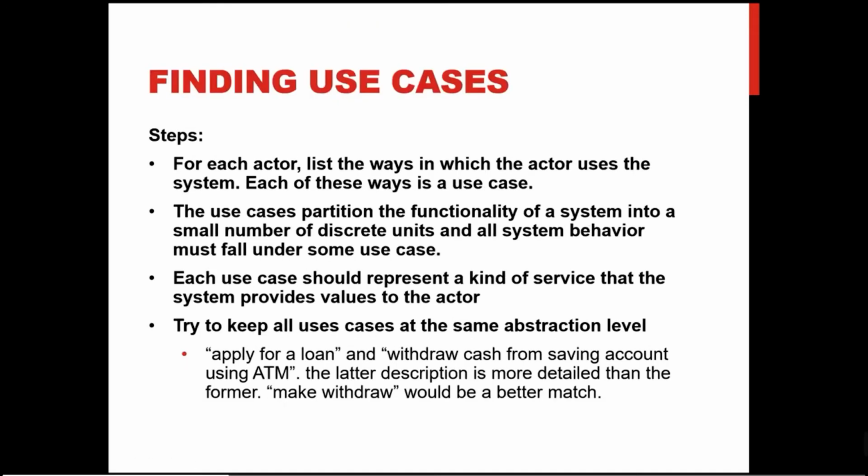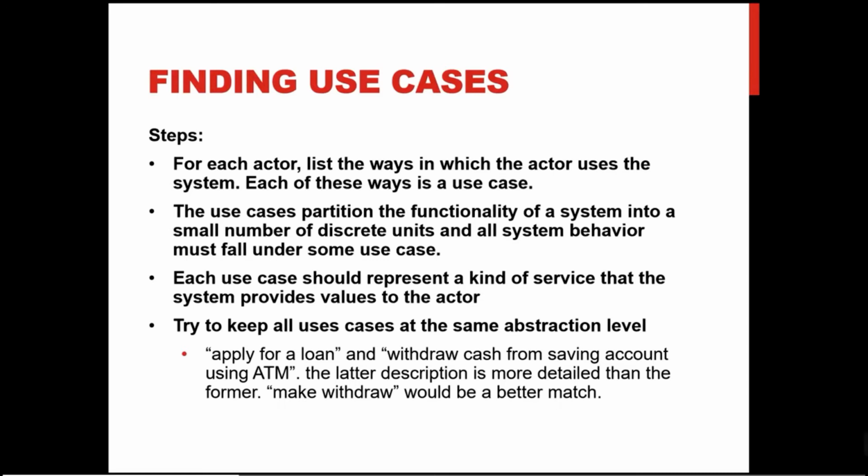Then the third is find the use cases. The steps for finding the use cases: for each actor, we should list the ways in which the actor uses the system, and each of these ways is a use case.